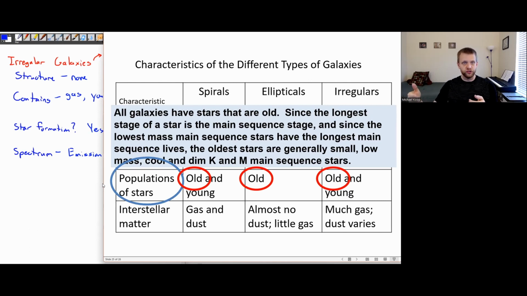A few hundred million to maybe around 1 billion years after the Big Bang, these galaxies were already starting to form. So all of these are going to contain those older stars. And those stars that last the longest are those K and M main sequence stars. So whatever else the galaxy has, it's going to have those older K and M main sequence stars.